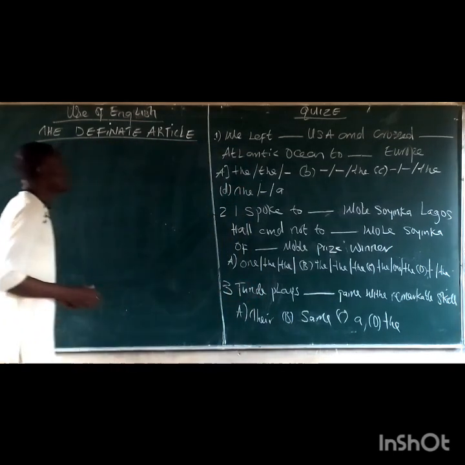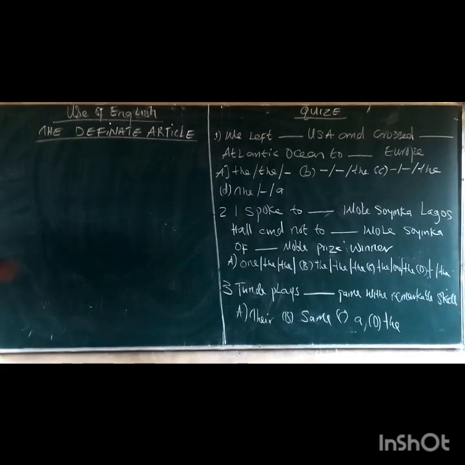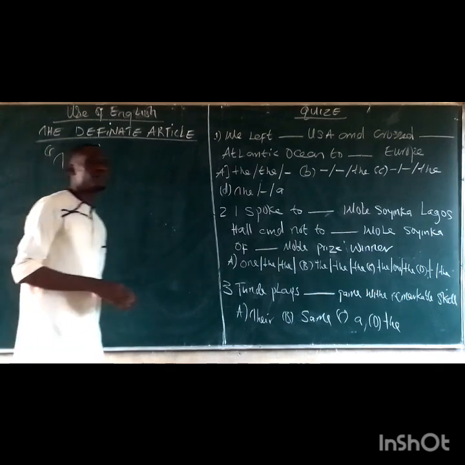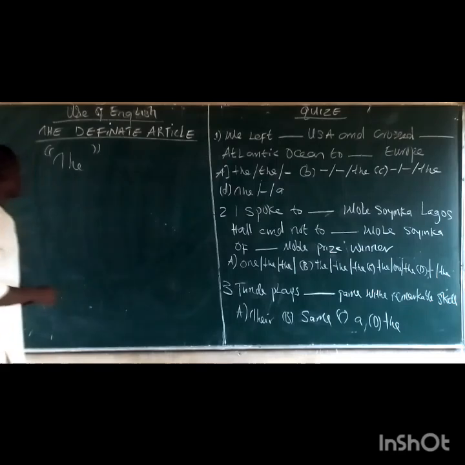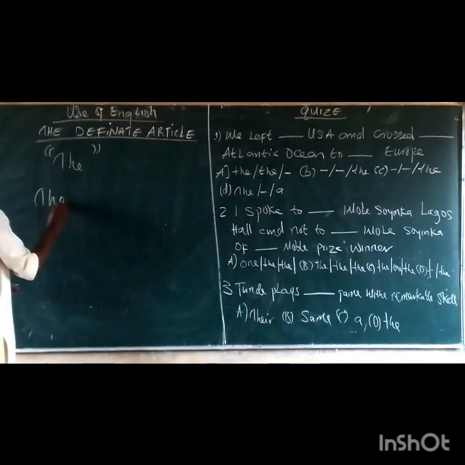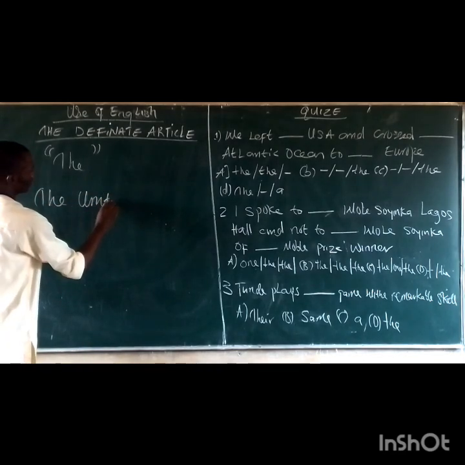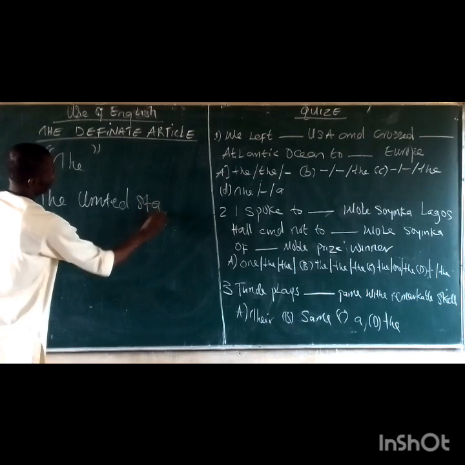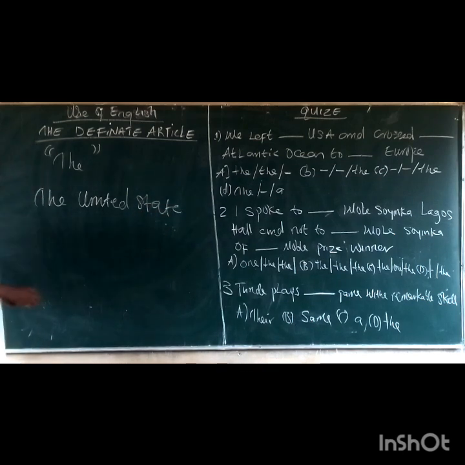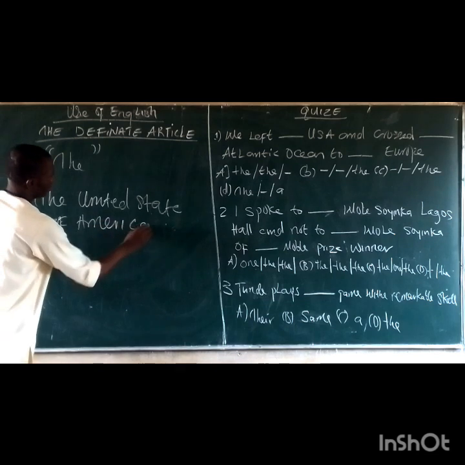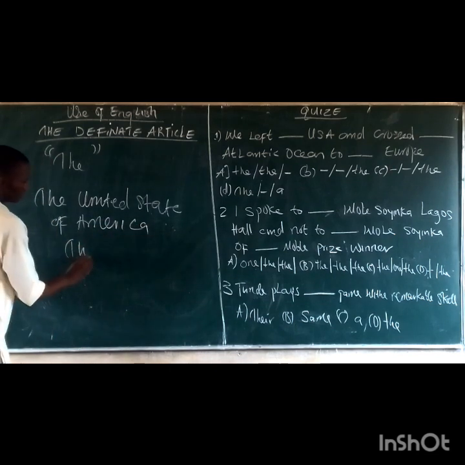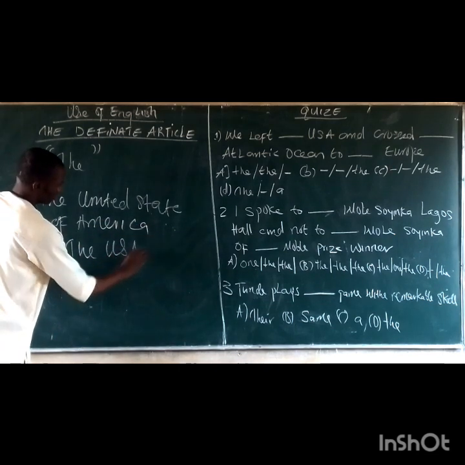Some nouns attract the definite article D. Any noun that attracts D is a definite article. Here are examples of those. Now, you can have the United States, the United States of America.